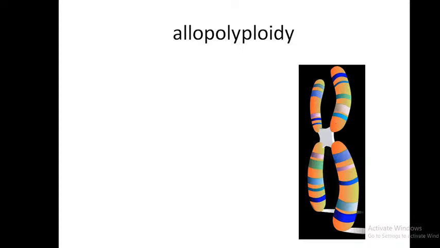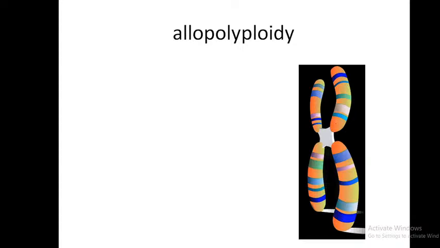So the gametes from different species fuse and a new set of chromosomes arises. Allo means different species, poly means multiples of the chromosomes. That is allopolyploidy.